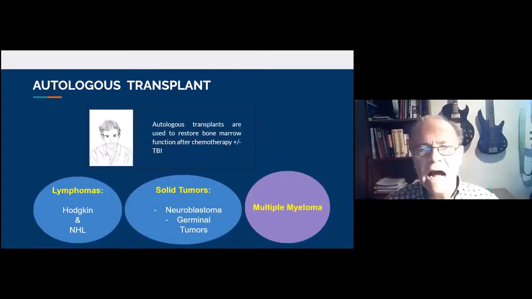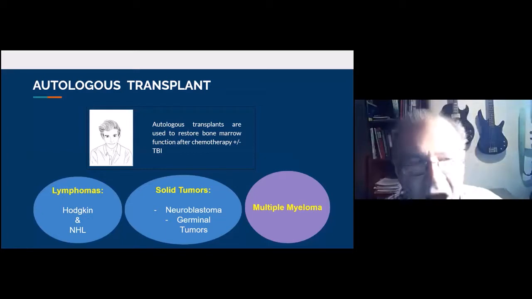Autologous transplants are used to restore bone marrow function after chemotherapy with or without total body irradiation. The diseases that go to autologous transplants are lymphomas, Hodgkin and non-Hodgkin, solid tumors like neuroblastoma or germinal tumors, and multiple myeloma.